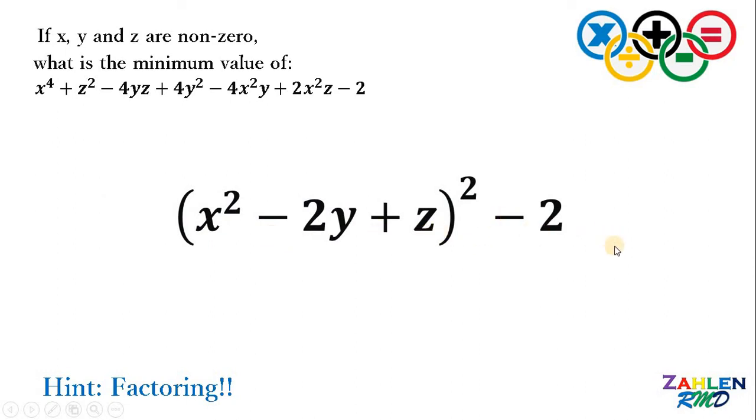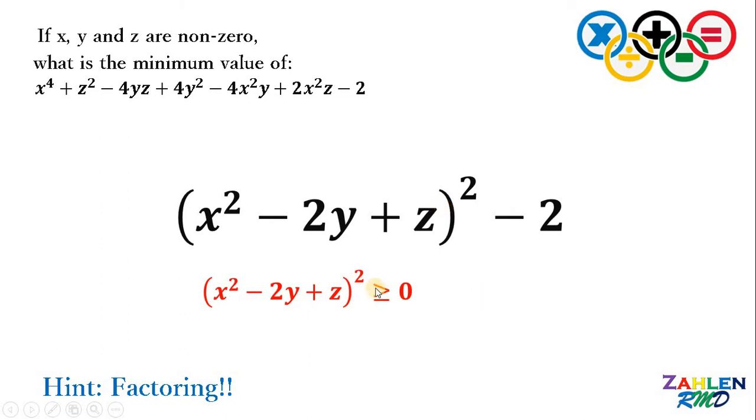And don't forget our goal. Our goal is to find the minimum value of this expression. And now, we know that this expression, x squared minus 2y plus z quantity squared, will always be greater than or equal to 0. Why? Because whatever value of this number inside the parentheses, when we square it, it becomes positive.